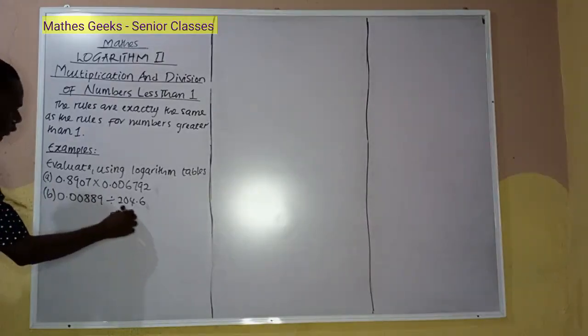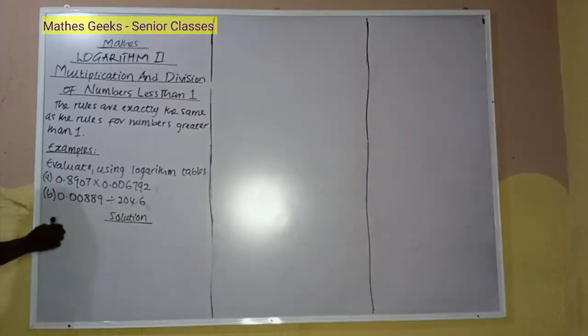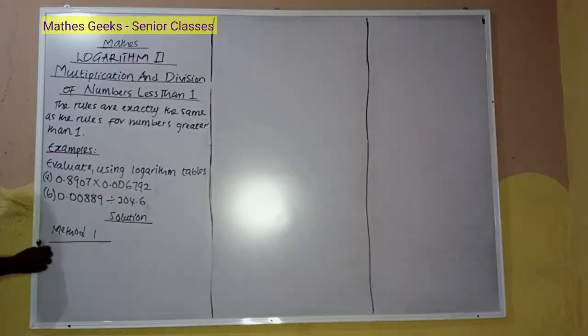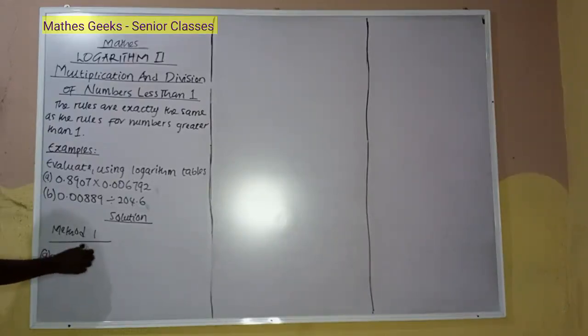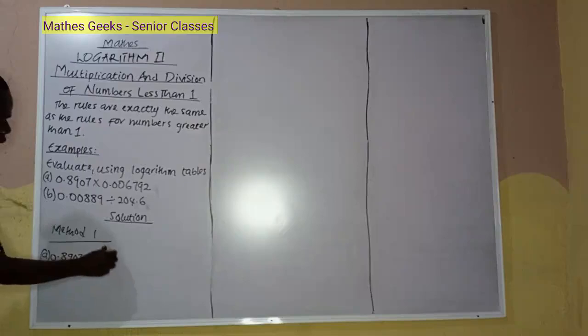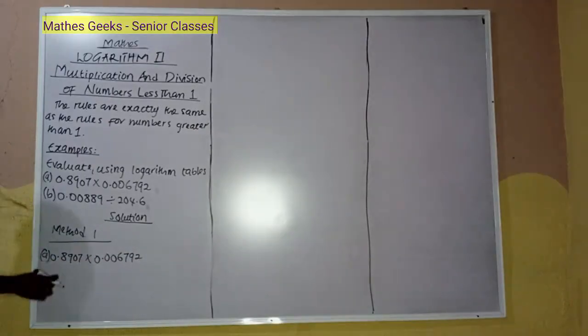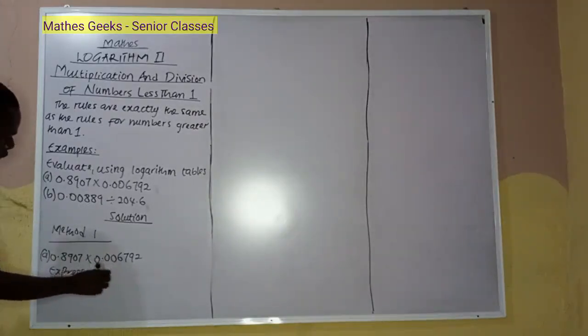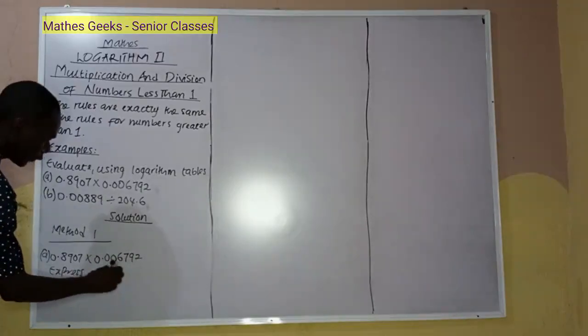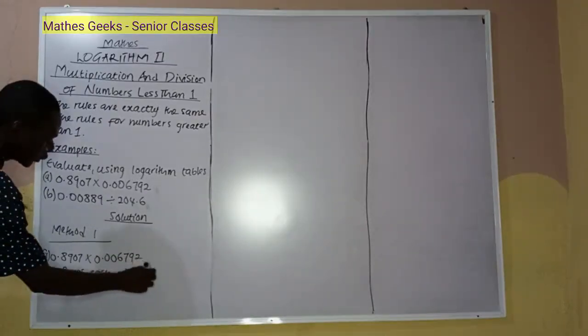I'm going to start off with the first method. Method 1, question a: 0.8907 and 0.006792. So I'm going to express each figure in standard form.